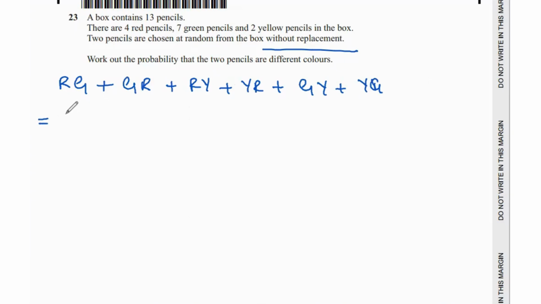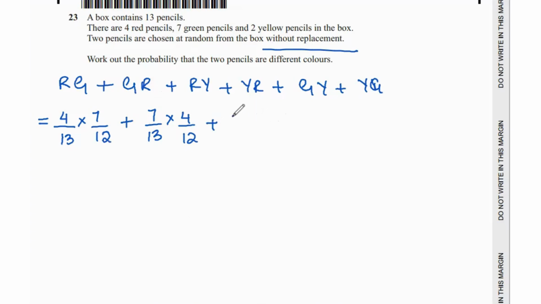So for red, the probability is 4 out of 13. Then if you're taking a green, that's going to be 7 out of 12. Why 7 out of 12? Because it's without replacement. So if I'm taking a red pencil, there's 1 less pencil in the box. So now it's going to be 12 pencils. So green, 7 out of 13 times 4 out of 12.